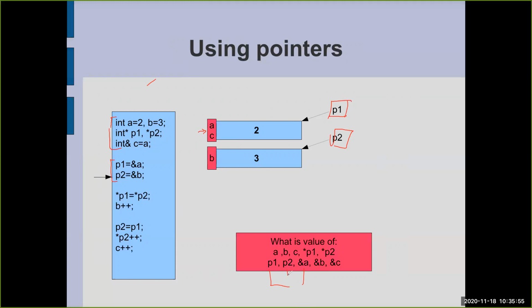Or the value of P2 is equal to the value of ampersand B. Okay, so this is the proper answer related to pointers.